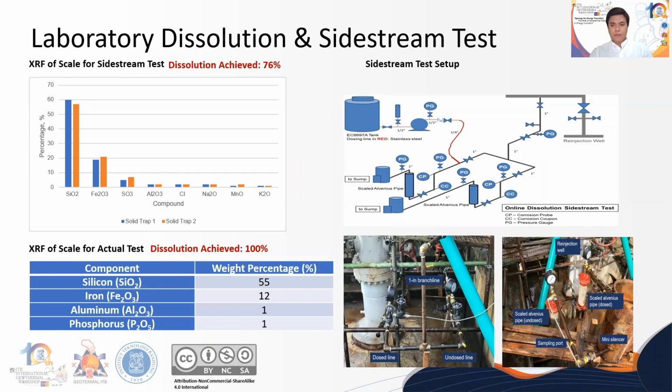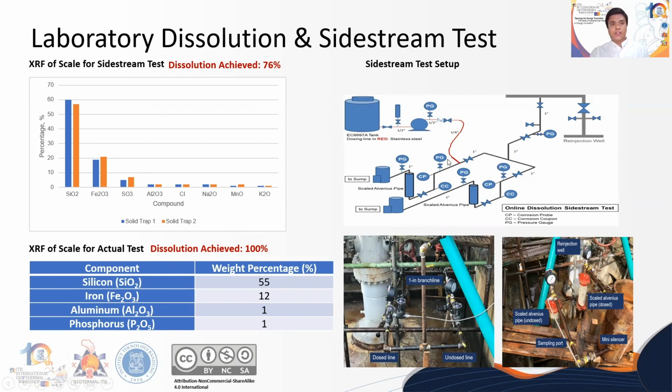So for the side stream test, as you can see, a scaled alveolus pipe was used to represent the scaled downhole conditions. A small portion of the brine was diverted into the side stream setup, as you can see in the upper right image here, where it splits into dosed and undosed lines.